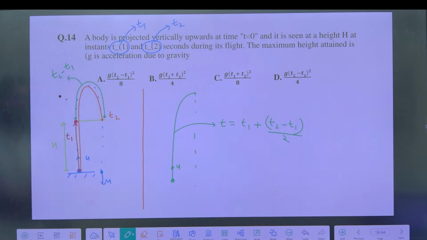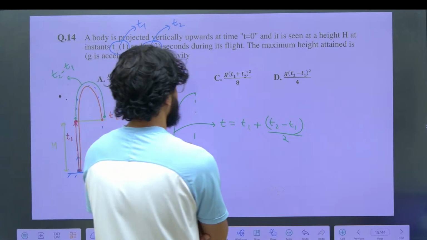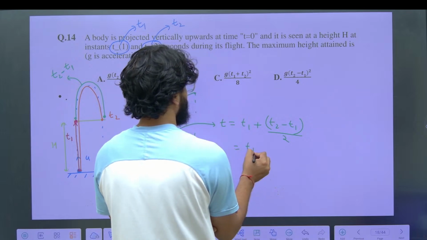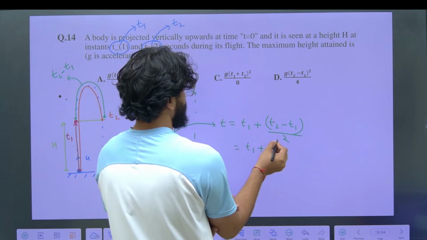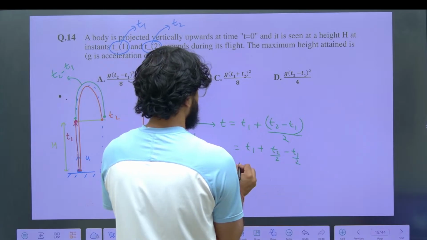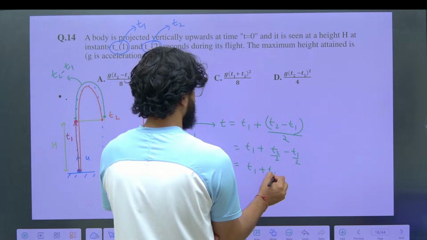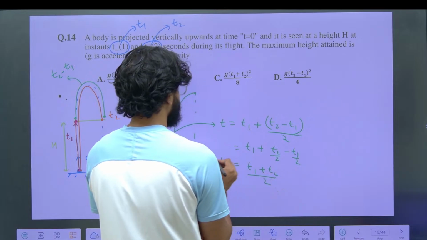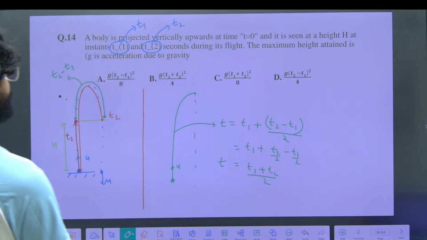Okay, yes, ठीक है, so it will be t1 plus t2 by 2 minus t1 by 2, so it is (t1 plus t2) by 2, that is t.